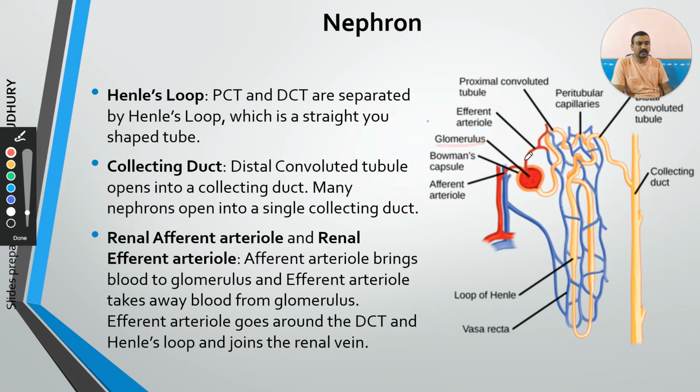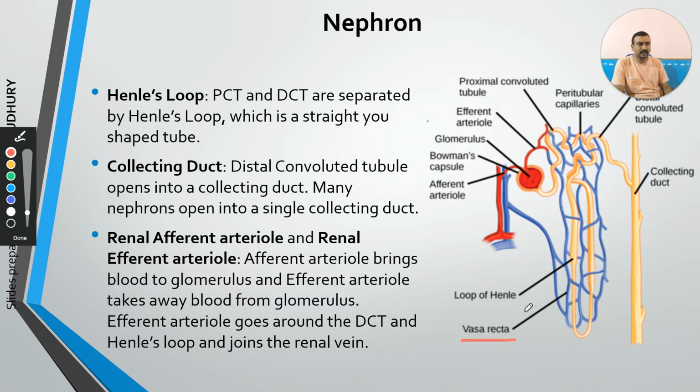Then it will again go out in the form of what is called as an efferent arteriole. This efferent arteriole, however, again forms certain network of capillaries surrounding the blue color that you see, network of capillaries surrounding proximal convoluted tubule, distal convoluted tubule, and also surrounding the loop of Henle. The U tube that the blood vessels form parallel to the loop of Henle is known as vasa recta.